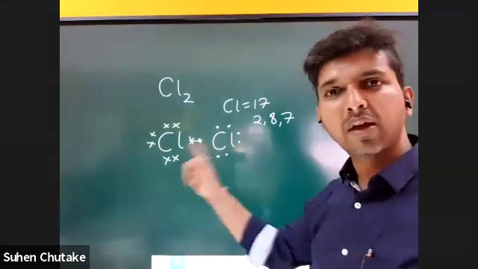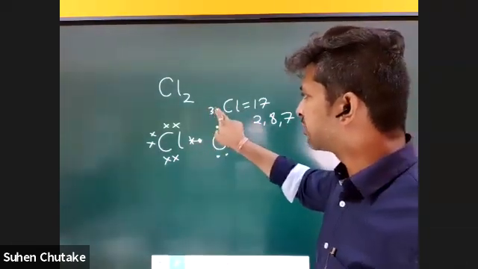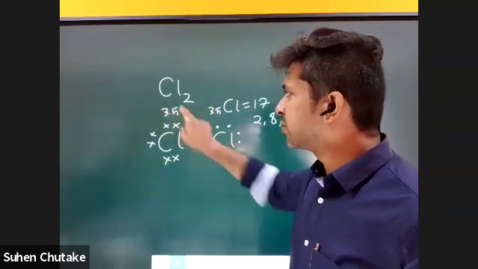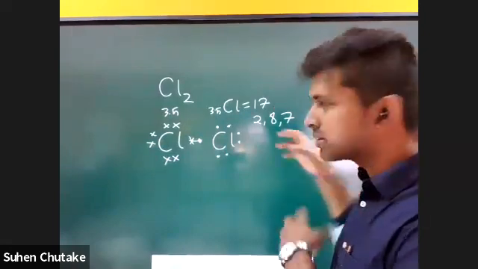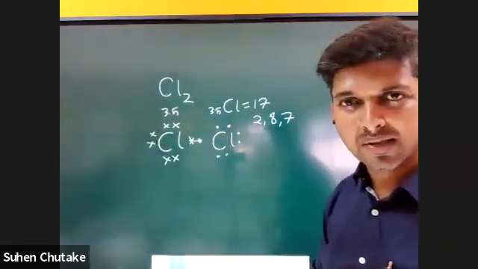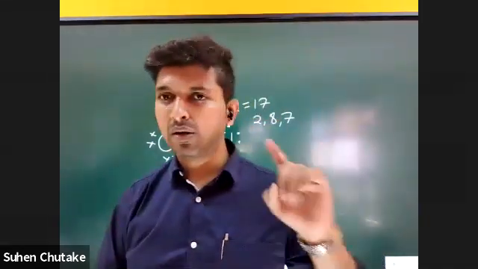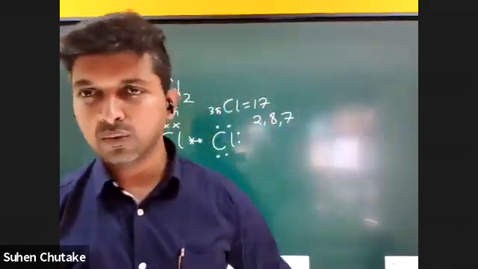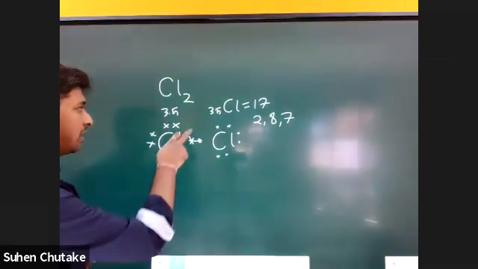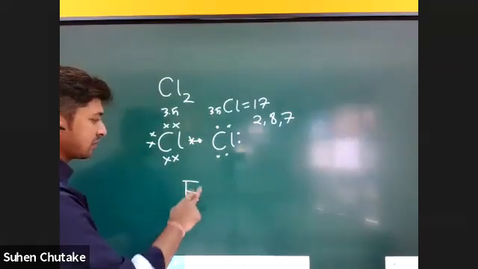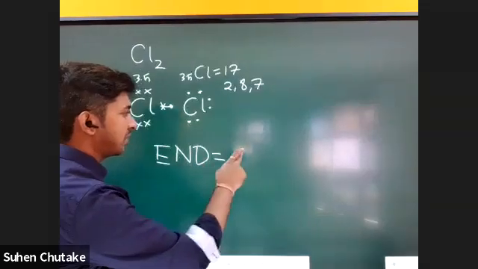Now they are playing tug of war because the electronegativity of both chlorines is equal, that is 3.5 and 3.5. Here this chlorine wants to attract electrons and that chlorine also wants to attract electrons towards itself. Both chlorine atoms want one electron in order to satisfy the octet, like they were wanting in ionic bond. Because they have equal forces of attraction, we have something called END.